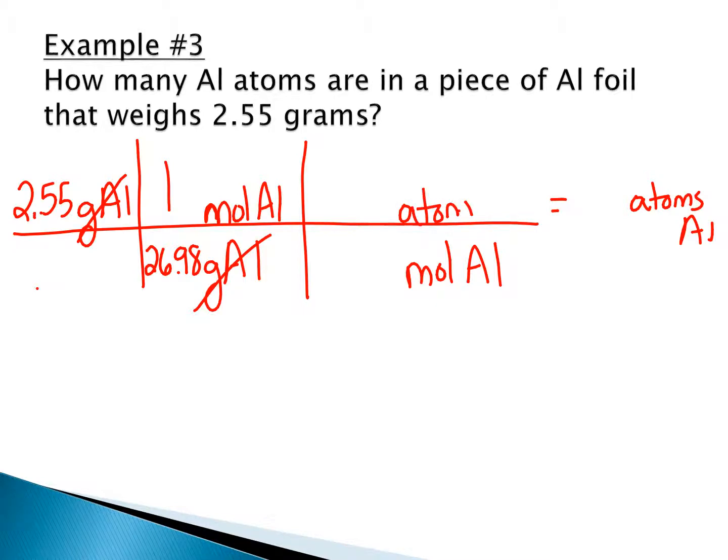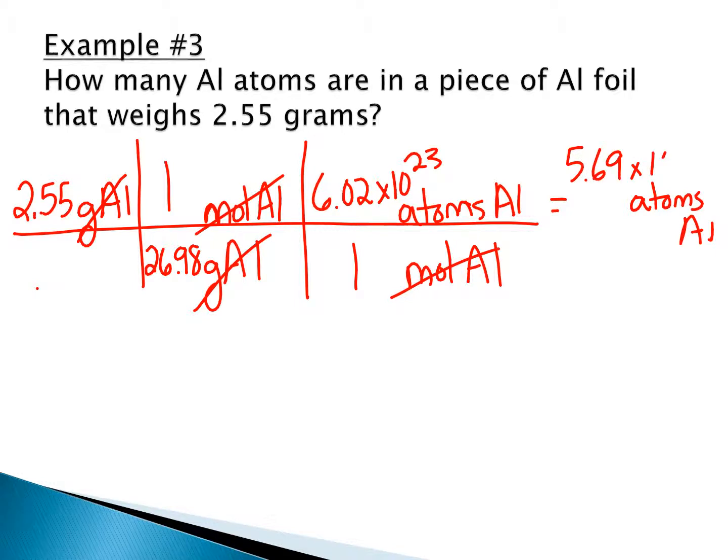And then I'm going to ask myself, how many atoms are in a mole or how many moles are in an atom? Okay, well, there are 6.02 times 10 to the 23rd atoms in 1 mole, because that's how a mole is defined. All right, so then I can multiply through everything in the numerator and divide by everything in the denominator, and I will get 5.69 times 10 to the 22nd atoms of aluminum.